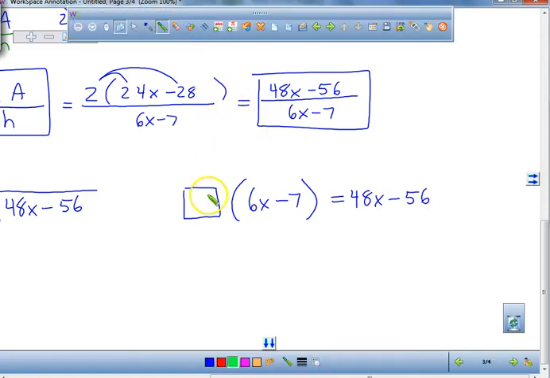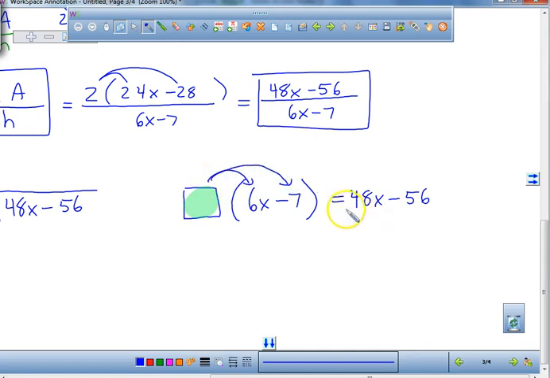What would I have to put right here to distribute it to both terms for it to equal this? This times this equals 48x, and this times this equals negative 56. Is there such a thing? What is it? 8. That's right, it's 8. Good job.